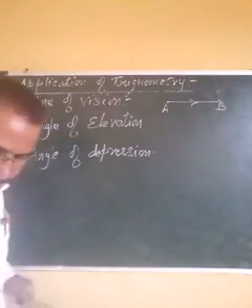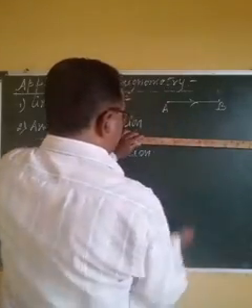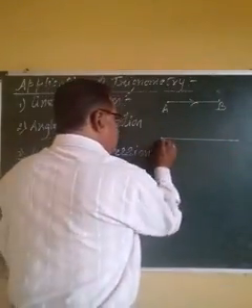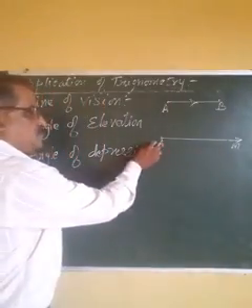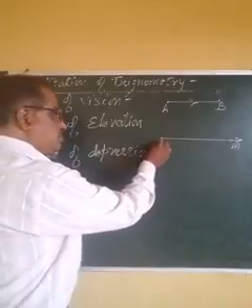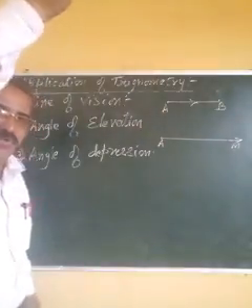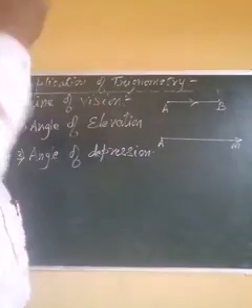Then we come to angle of elevation. For this, let us consider AM as the horizontal line. Consider the observer is standing at point A and he is observing an object higher or above the horizontal line.